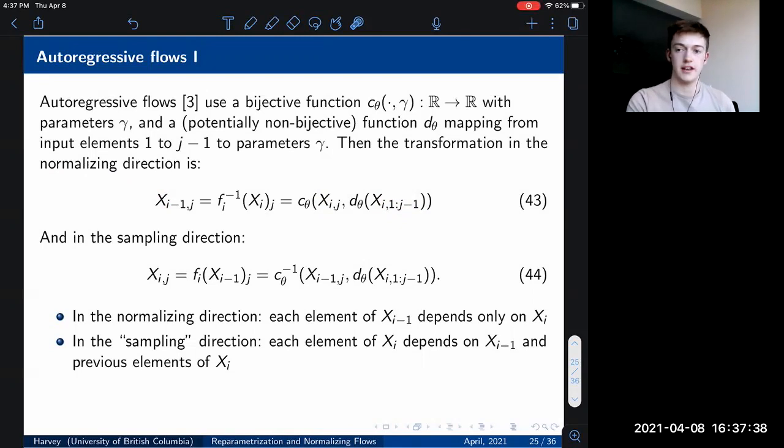So this is a nice property, at least relative to down here.